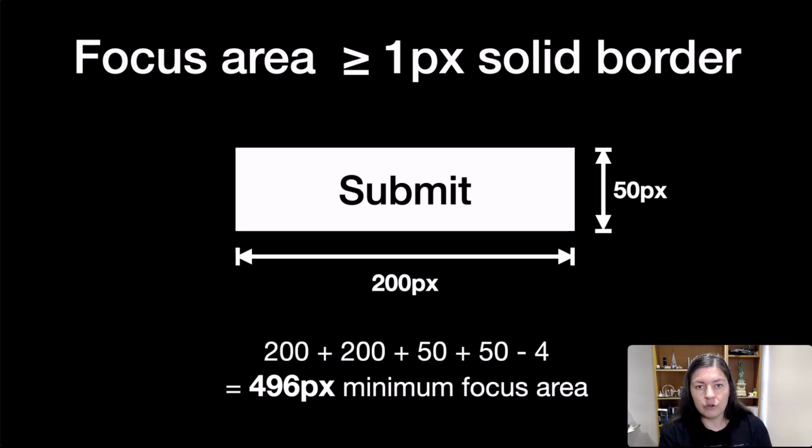You can do your glow effect, provided the number of pixels in your glow effect exceeds 496 pixels around this button. Options are endless. As long as you use up at least 496 pixels, 496 pixels must change somehow in your focus style. So that could be a color flip, it could be introducing a new shape, whatever. So that's the area calculation.